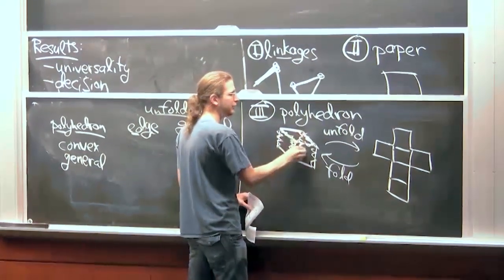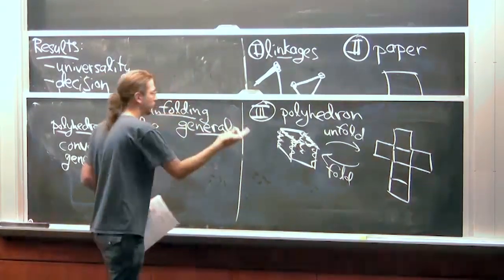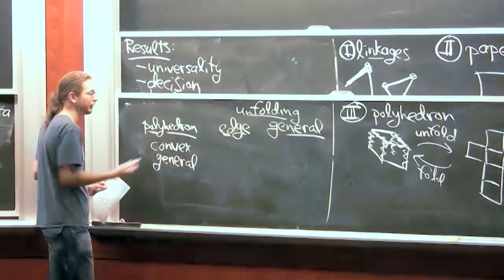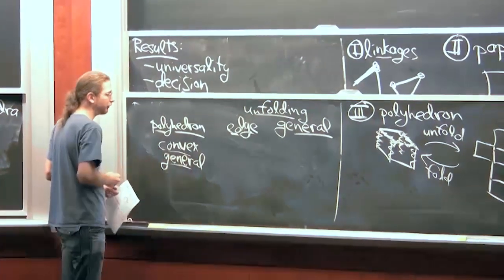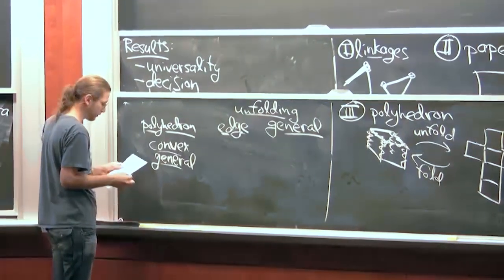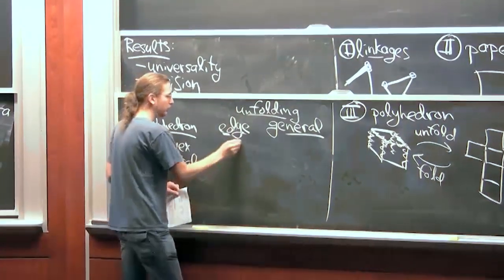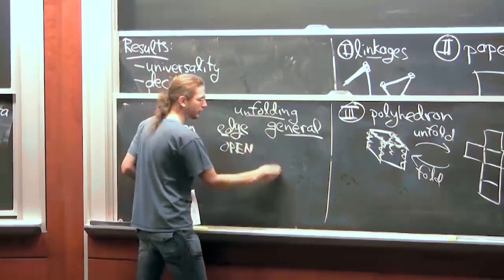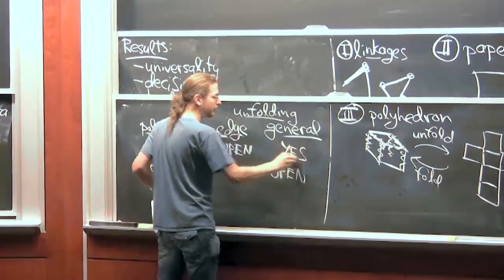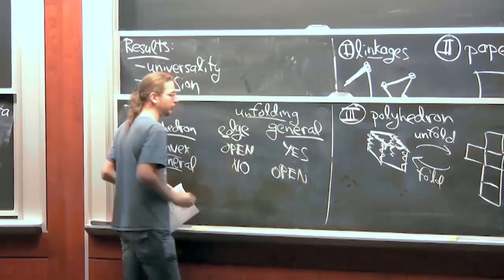You cut along these edges. Or you might allow cutting anywhere on the surface. And the answers depend on those two versions. You could try to do convex polyhedra, or you could try to do arbitrary polyhedra. So here's the story. This one, we don't know. This one, we don't know. This one, the answer is yes, we'll prove it. This one the answer is no, we'll prove it.